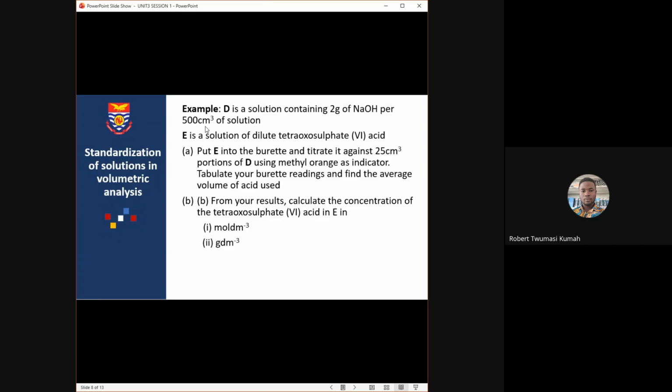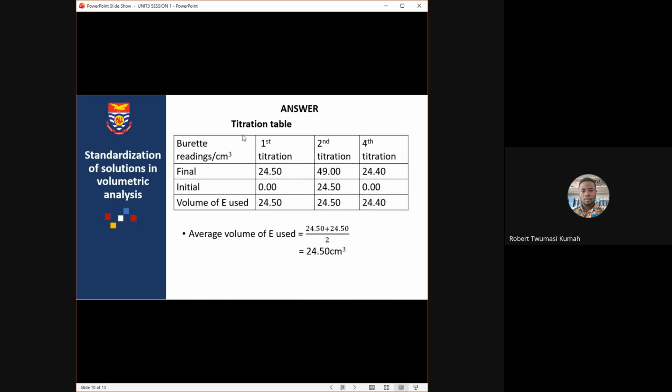Okay. If you don't want it like that, you can first convert this one into mass concentration. That's 2 grams divided by 0.5. And the answer you get, you fix it into a formula. C equals rho over capital M, which is the molar mass. That makes it a bit longer. And so we use this formula.